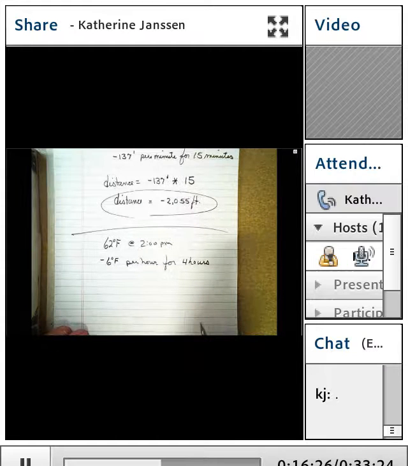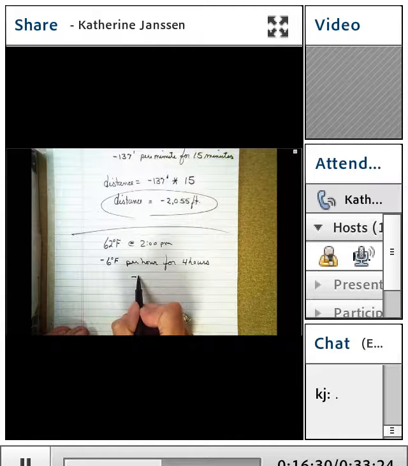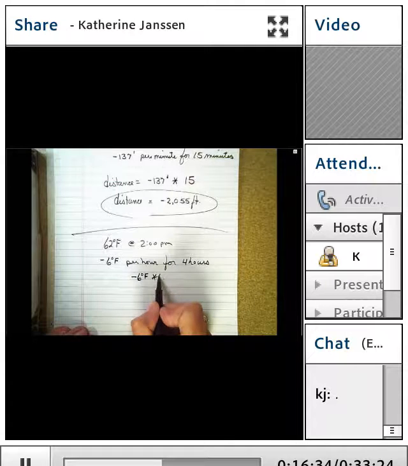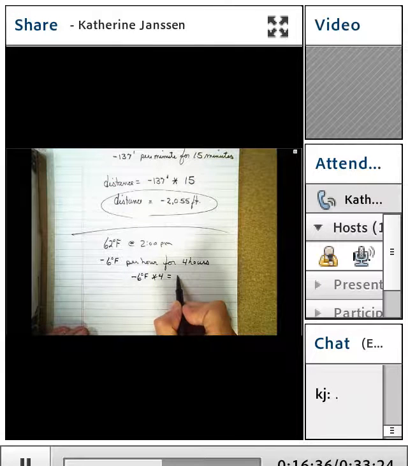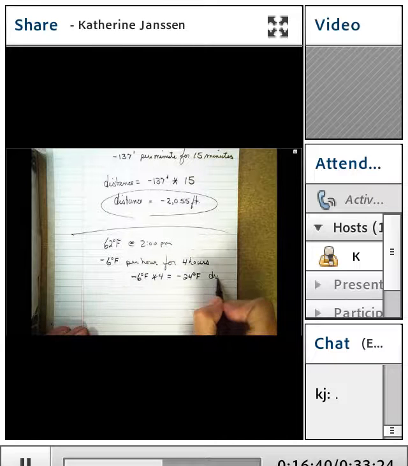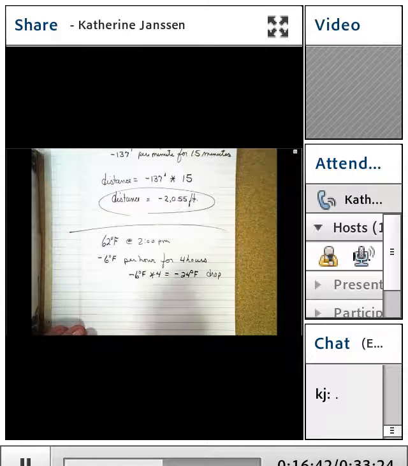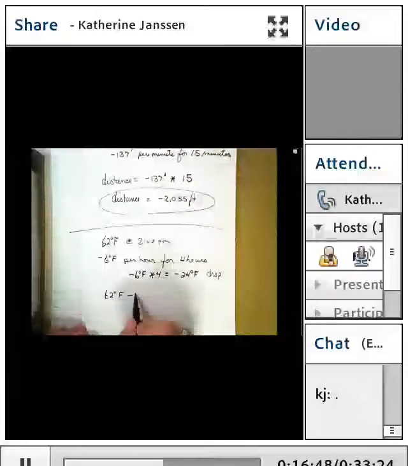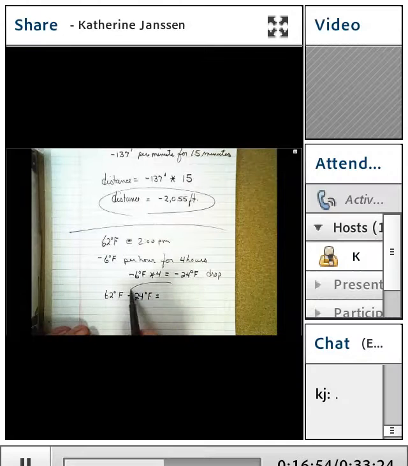So our drop in temperature, negative 6 degrees Fahrenheit times 4 hours, was a negative 24 degrees Fahrenheit drop. From our starting 62 degrees Fahrenheit, we decreased 24 degrees Fahrenheit. This is subtraction, remember? It's been a while since we've done that.